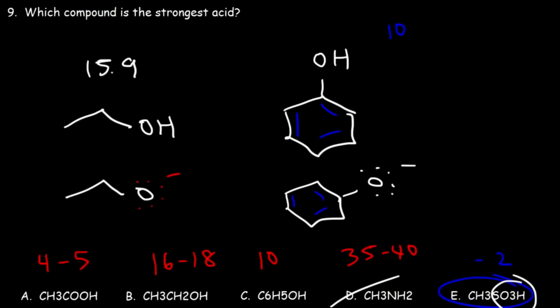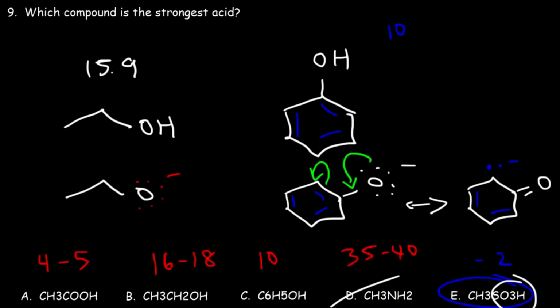So notice that the negative charge on phenoxide is not localized, it's delocalized. It can move around. We can draw a resonance structure, take a lone pair, form a double bond, and push the negative charge here. Because the negative charge can move about the ring, the conjugate base is more stable. And when you have a more stable conjugate base, you're going to have a stronger conjugate acid. So the negative charge is shared between the oxygen atom and 3 other carbon atoms.